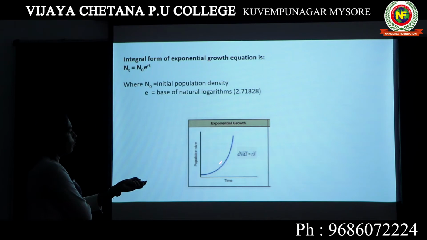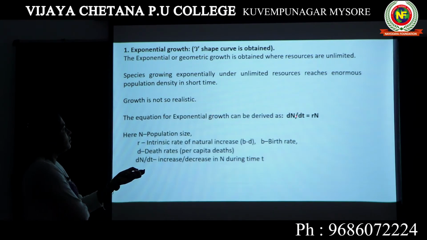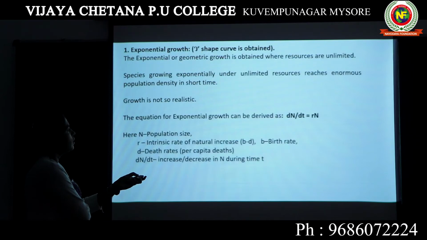J-shaped curve is obtained. Now if you have to write the formula or the equation for exponential growth, it is dN by dt is equal to rN. Okay, so the equation for exponential growth is dN by dt is equal to rN. What is N?